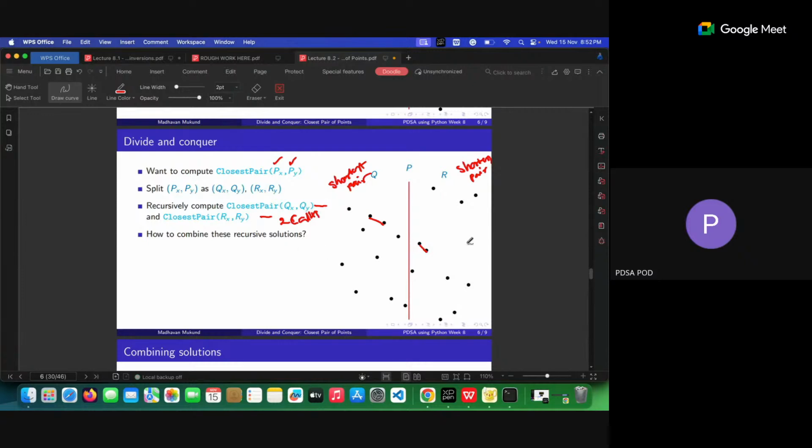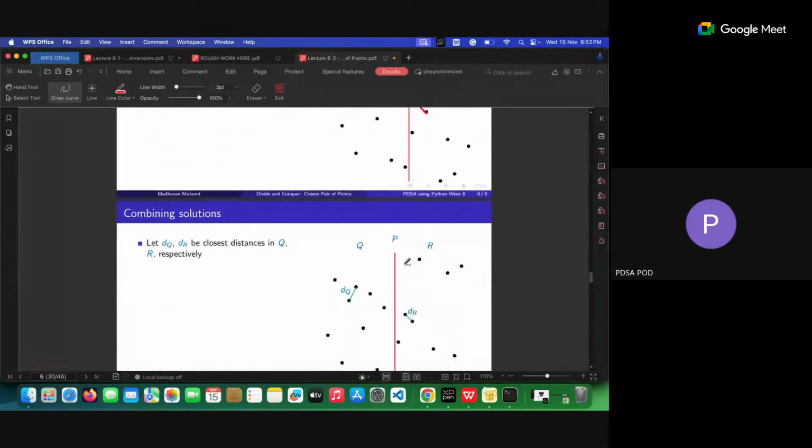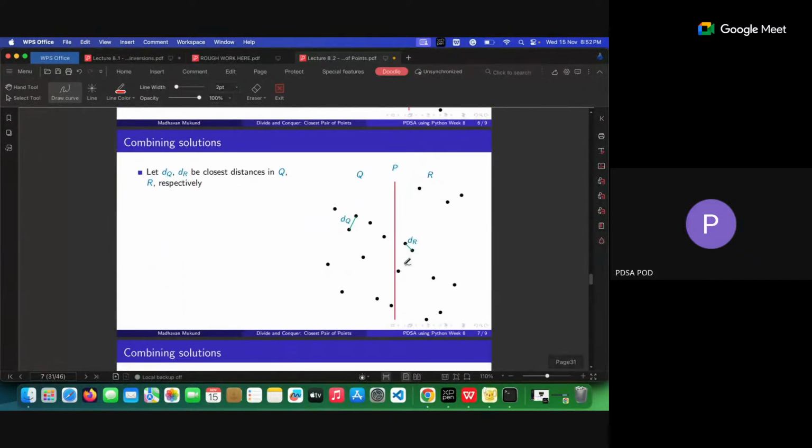When combining, we check for another shortest distance across these boundaries. There is an efficient way of combining. Yes, so whatever we said is right.